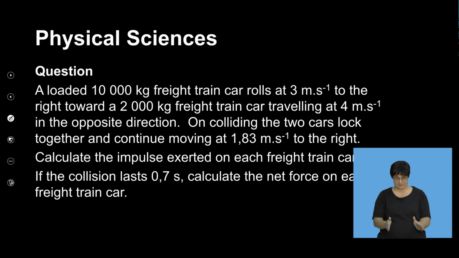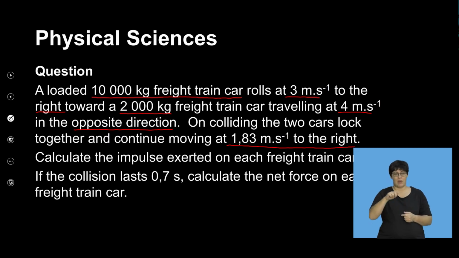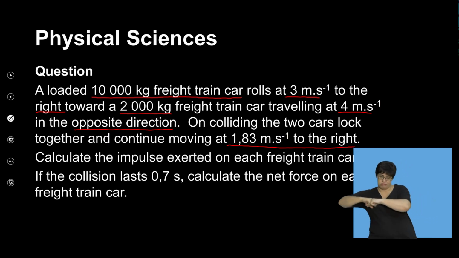Next question. A loaded 10,000 kilogram freight train car rolls at 3 meters per second to the right towards a much smaller 2,000 kilogram freight train car, moving at 4 meters per second in the opposite direction. On colliding, the two cars lock together and continue moving at 1,83 meters per second to the right.